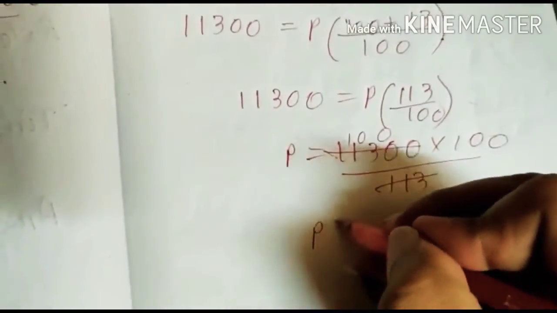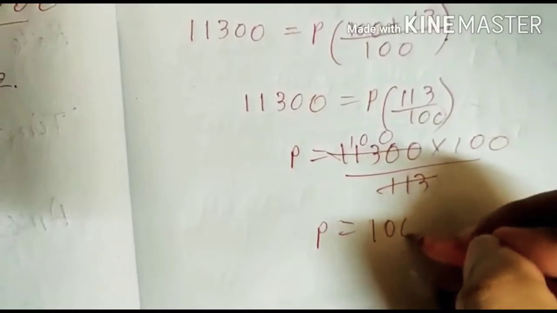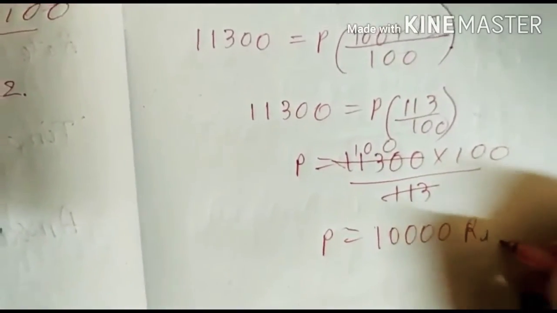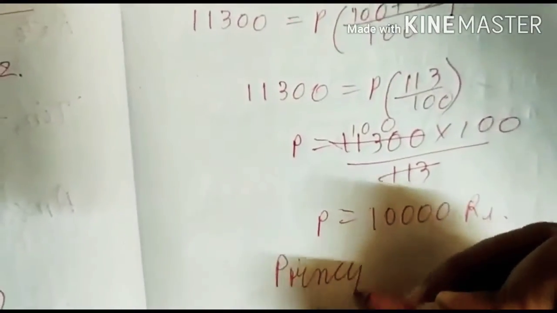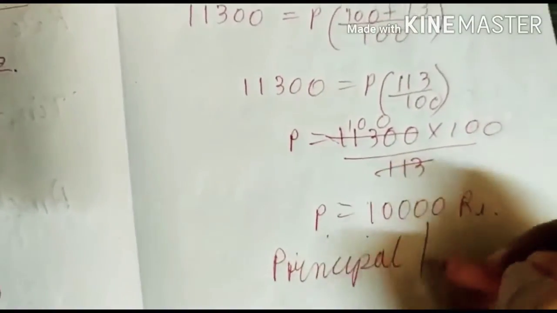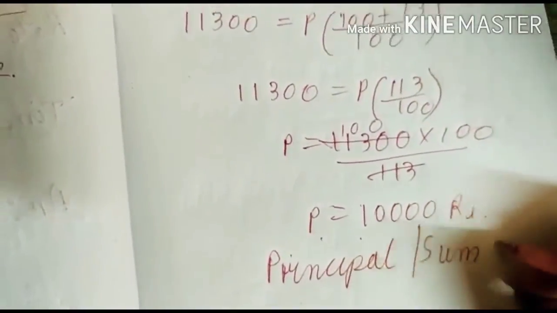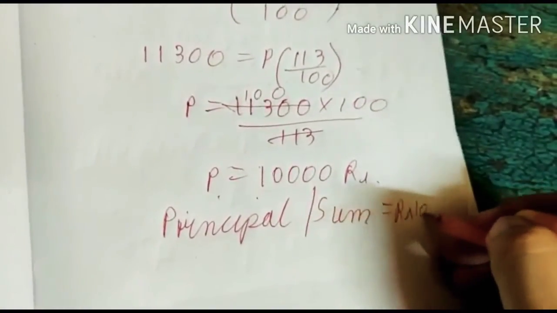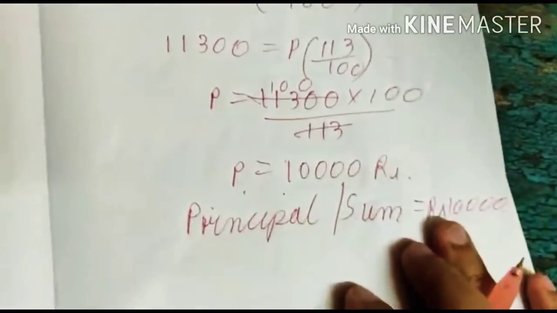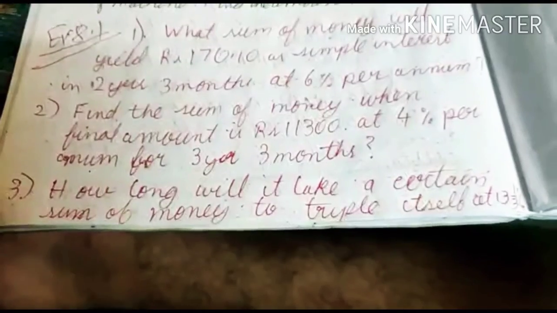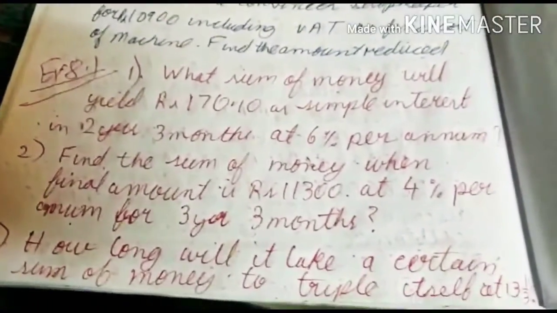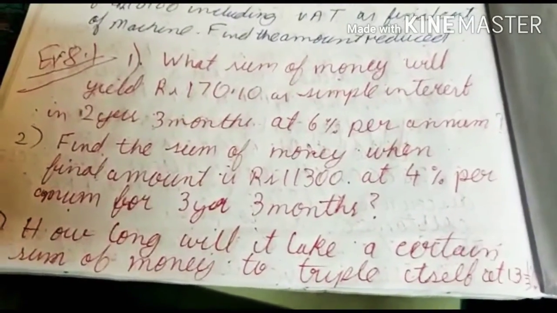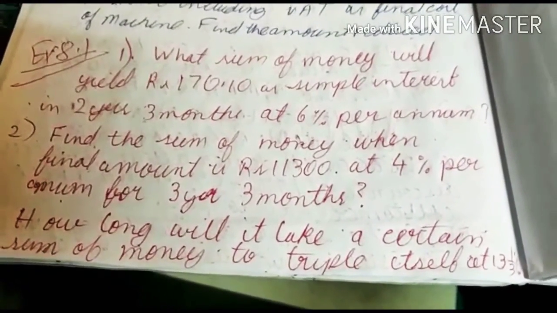P equals 100 into 100, that is 10,000 rupees. This was our principal, or sum, rupees 10,000.